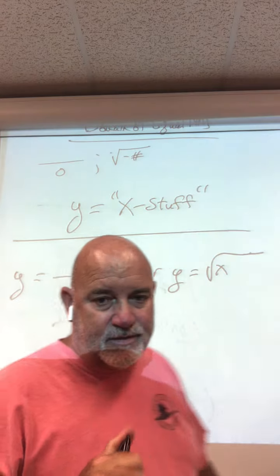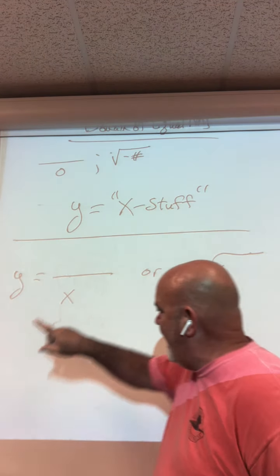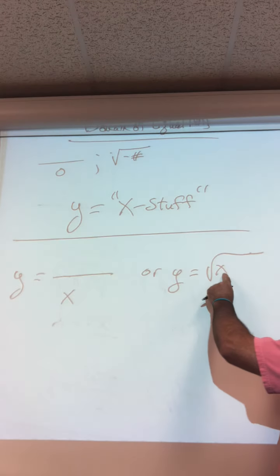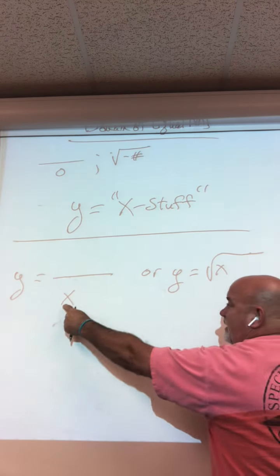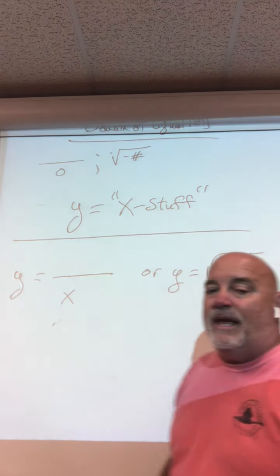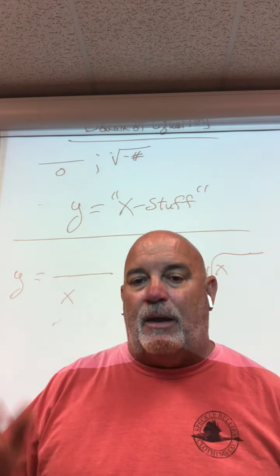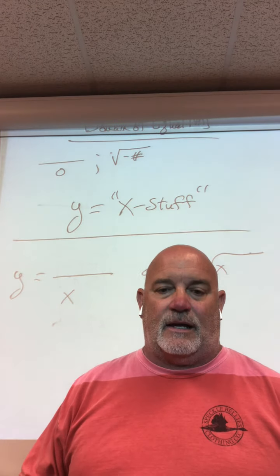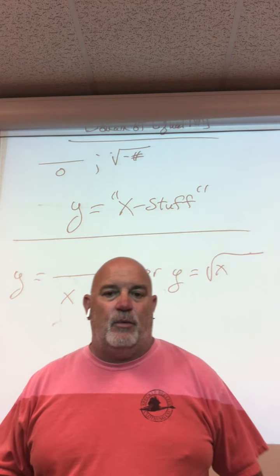When we do this, if we have an x in the denominator or an x under a square root, if either one of these things happen, that means that your domain's probably going to be limited. Not always, but more than likely. Probably for us it will be.